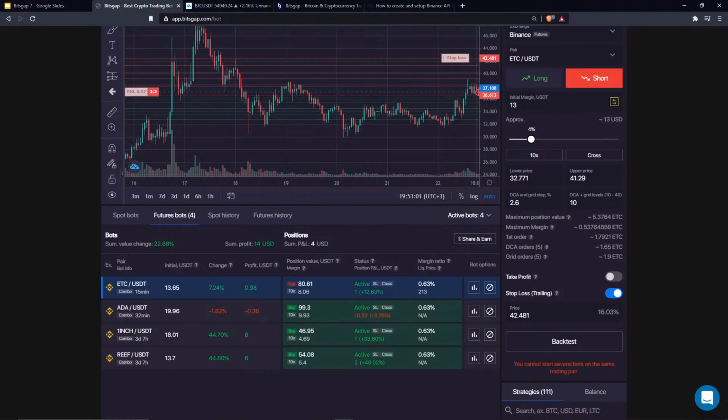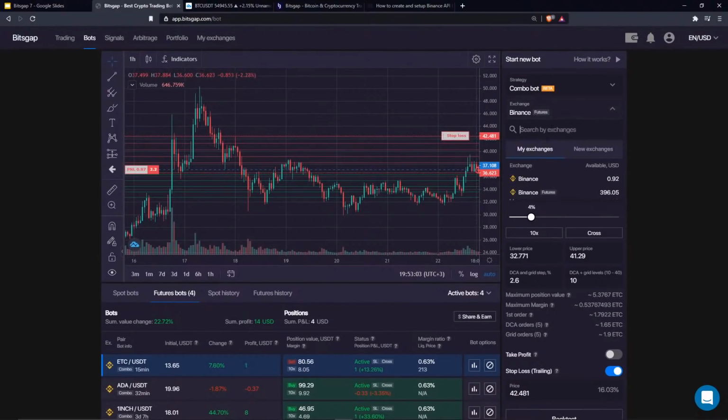So yeah, so far we have for the combo bot only Binance enabled, but in the future we will of course add more exchanges that support futures trading. It is just that on other exchanges some settings are different from the ones that Binance set. That's why we need to really figure out the ultimate template, and that's something that we are working on.